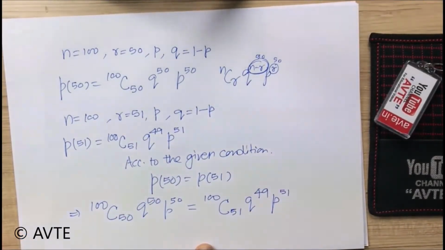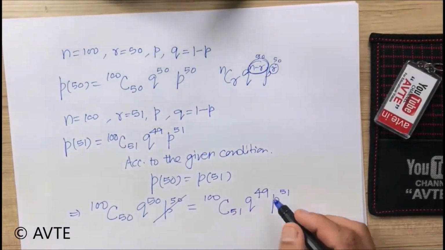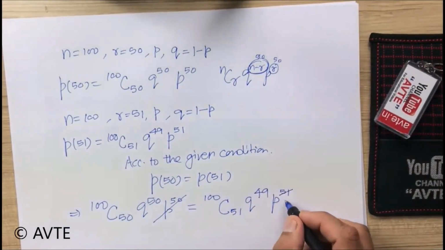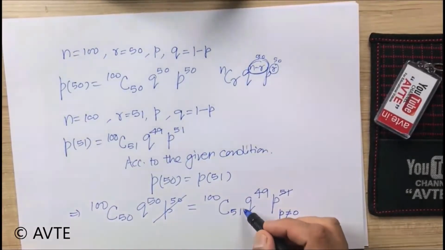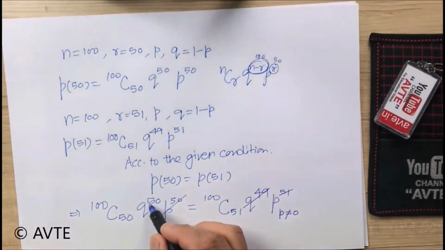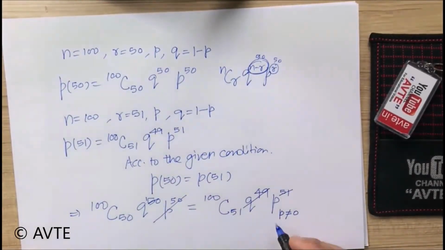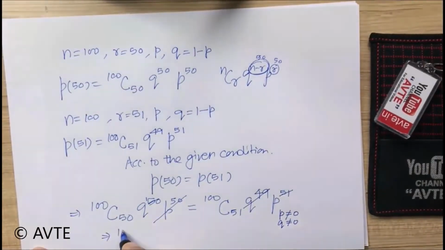We can cancel this P to the power 50, and we'll be left with only P raised to power 1, and this will not be a root loss because P cannot be equal to 0. Similarly, we can cancel Q to the power 49 with Q to the power 50, and we'll be left with Q to the power 1. And this again will not be a root loss because Q can never be equal to 0. So with the remaining expression, we proceed.